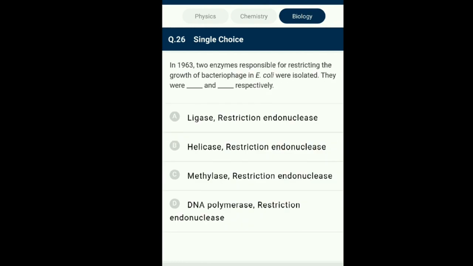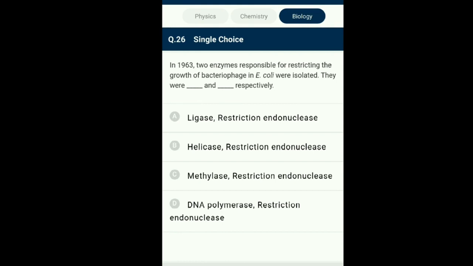Question number 26. In 1963, two enzymes responsible for restricting the growth of bacteriophage in E. coli were isolated. They were dash and dash respectively. The enzyme that restricted the growth of bacteriophage is called a restriction enzyme.